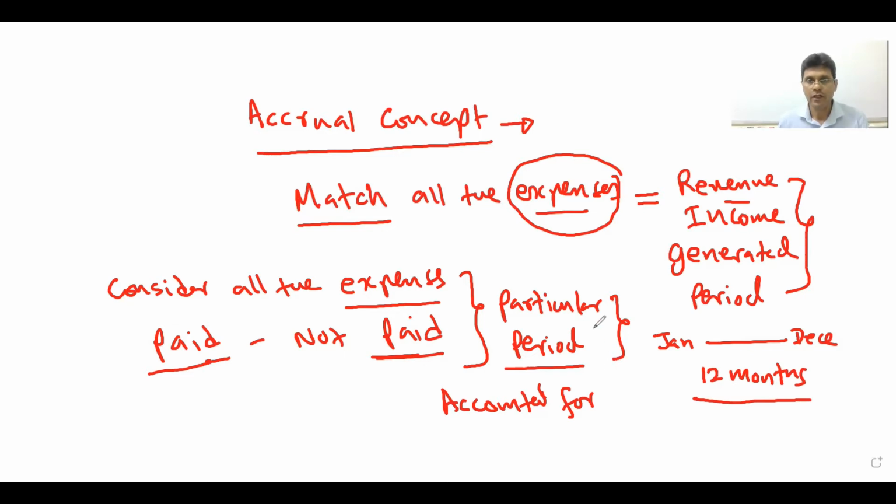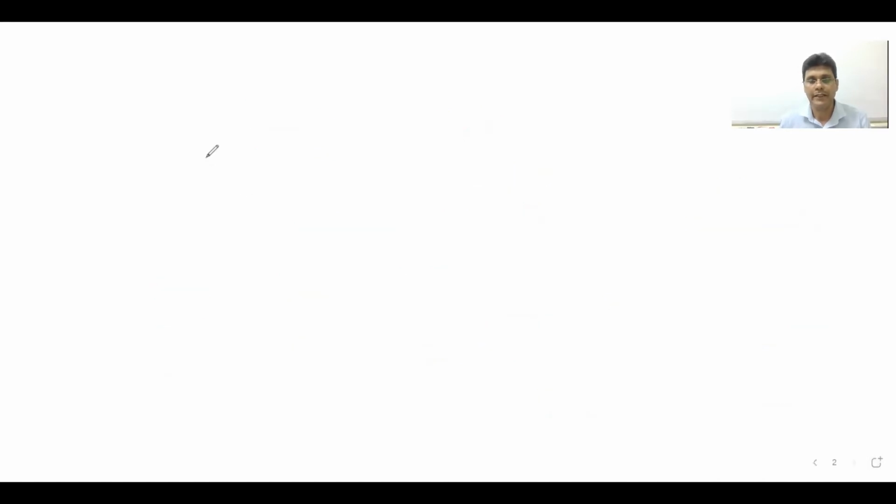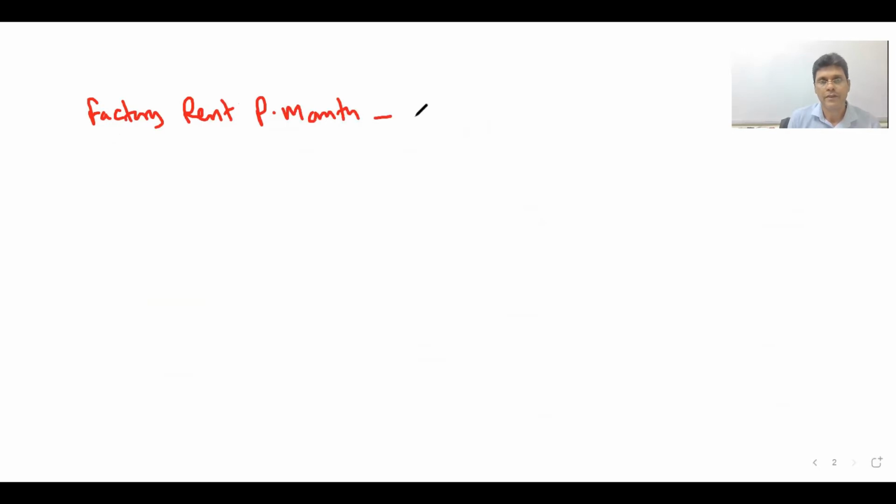Okay, now let's take an example to explain this. Let's say there's a factory, and the factory rent per month is $1,000.